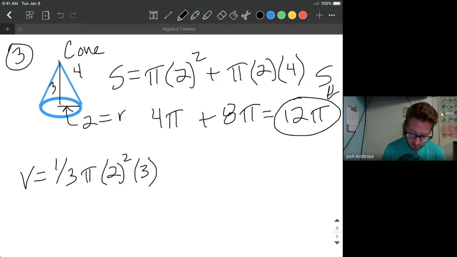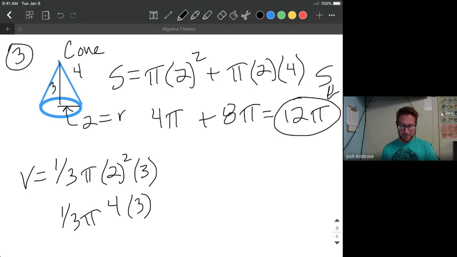So 2 squared, that is 4, multiplied by 3 is going to be 12, now with a 1/3 pi. Okay, and if we start simplifying this, we have a 1/3 multiplied now by a 12. Imagine that's 12 over 1.